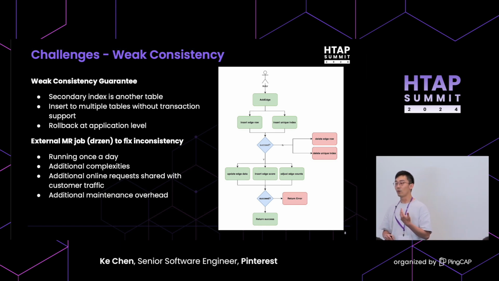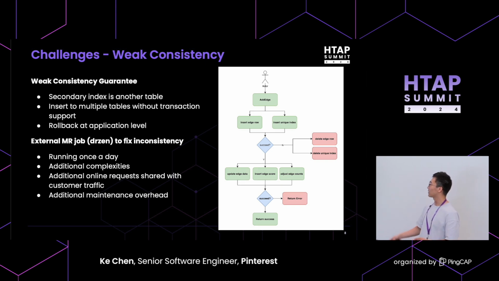So when a node or an edge is inserted into the system, there could be multiple inserts to multiple tables without any transaction support. Same for rollback. We handle every rollback at the application level in terms of failure. On the right is a high-level diagram of all the operations involved when a single edge is added to the system.